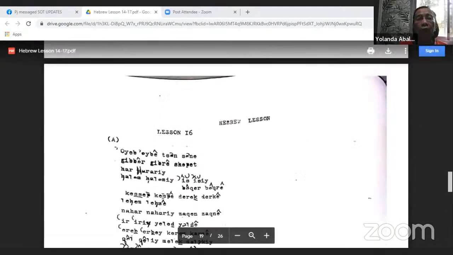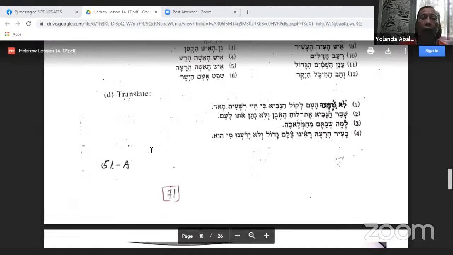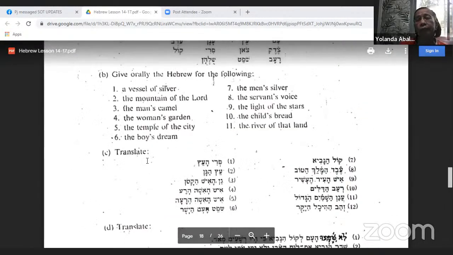See? Yan po ang trabaho ng construction.